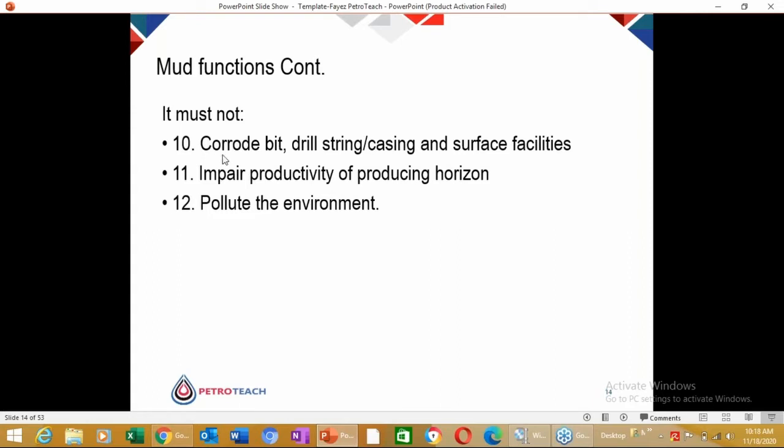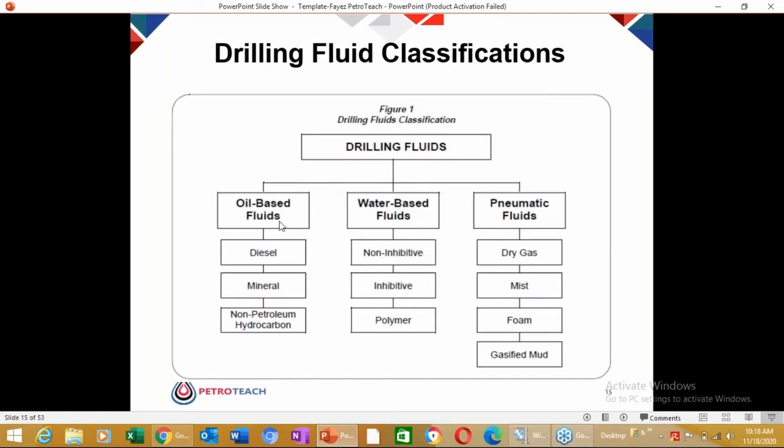It should not corrode the bit, drill string, casing, and surface facilities, impair productivity of the production horizon, or pollute the environment. Okay, drilling fluid classification: we have here oil-based mud, water-based mud, and pneumatic fluid.